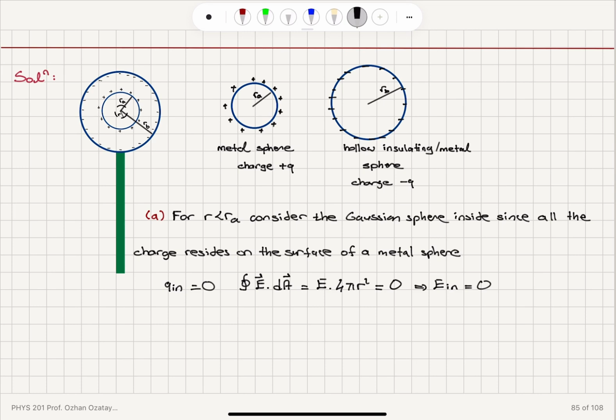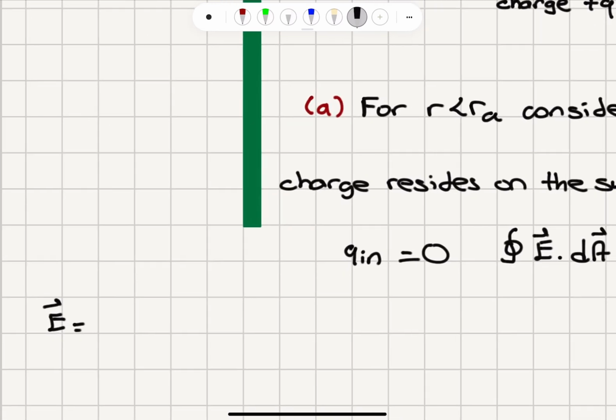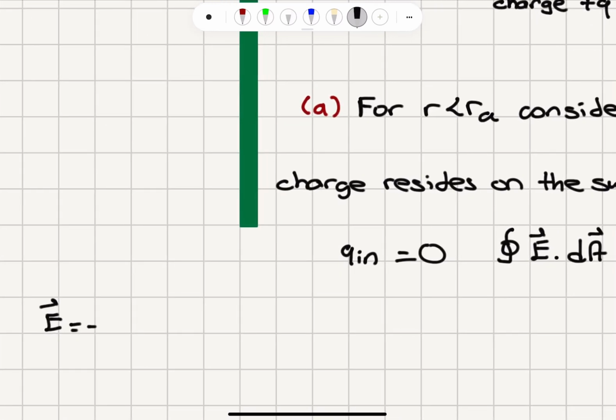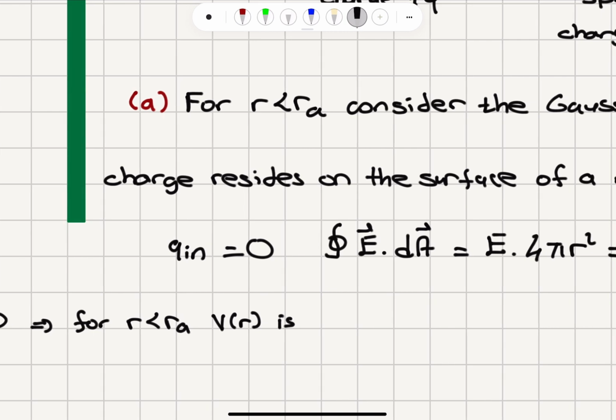Now, on the other hand, the electric field is related to the potential as minus the gradient of the potential, and this is 0. So the gradient of the potential is 0, which implies that for r less than r sub a, the potential V of r is a constant.